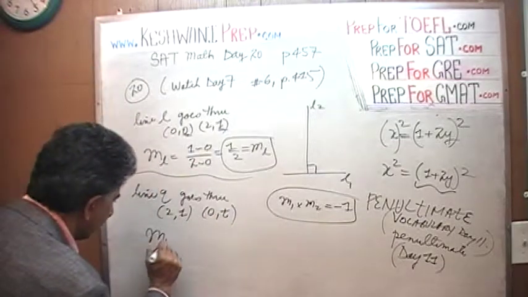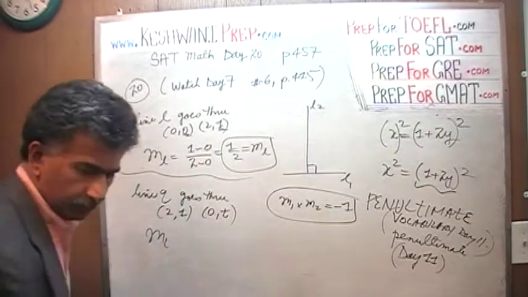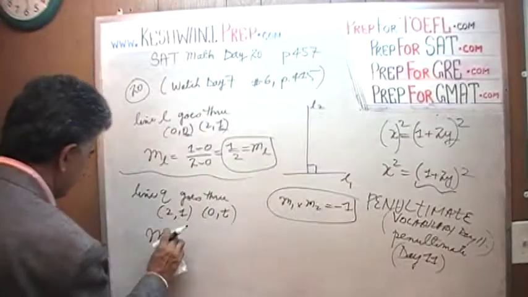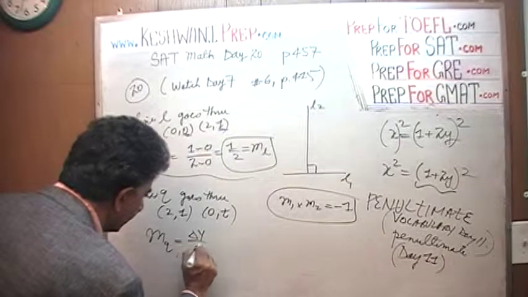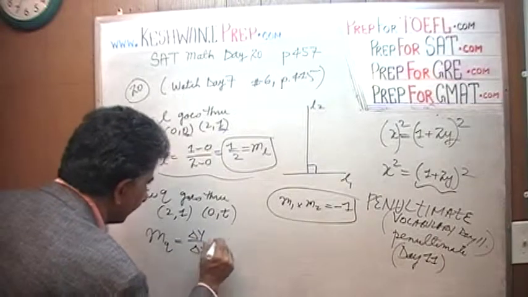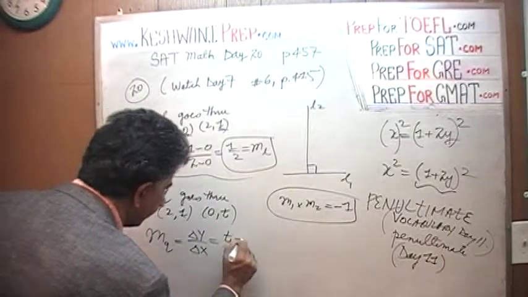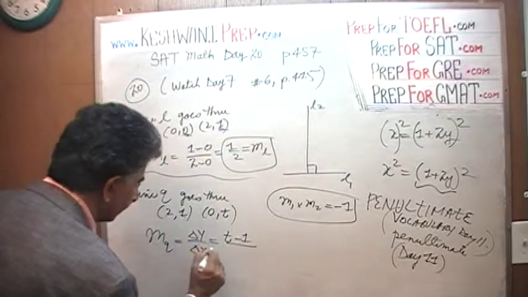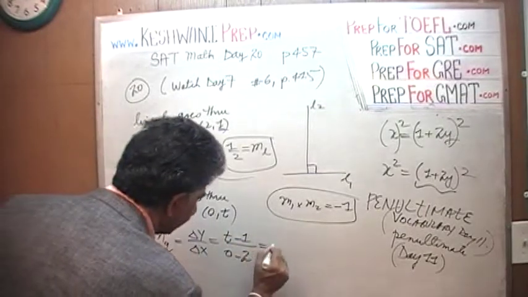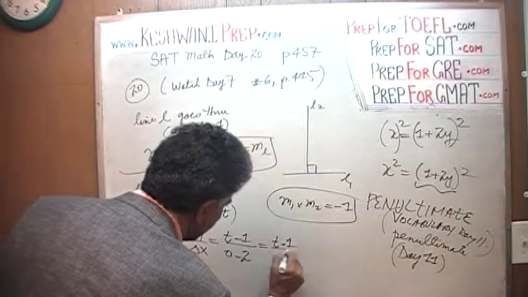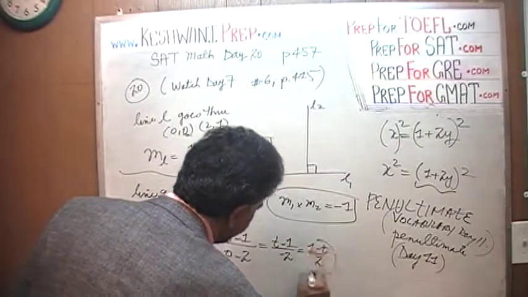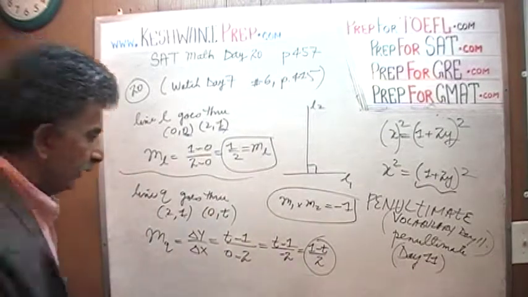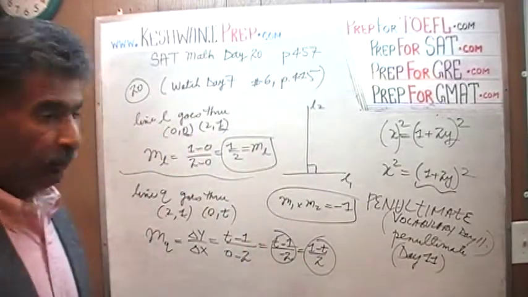The slope of line Q, I was going to say line T, it's not line T, it's line Q, is again the change in y over the change in x, which is t minus 1 over 0 minus 2, which boils down to t minus 1 over -2, which is the same as 1 minus t over 2. Or if you want to leave it like this, that's fine too. That's it, we're almost there.